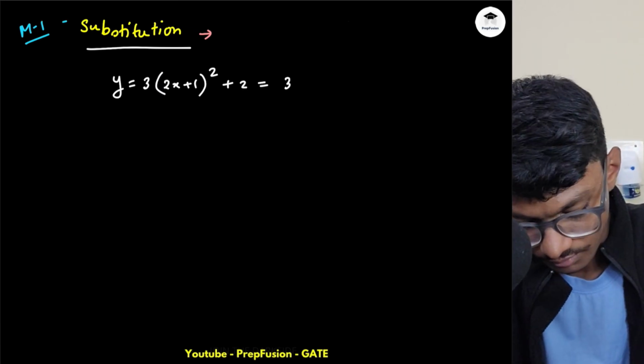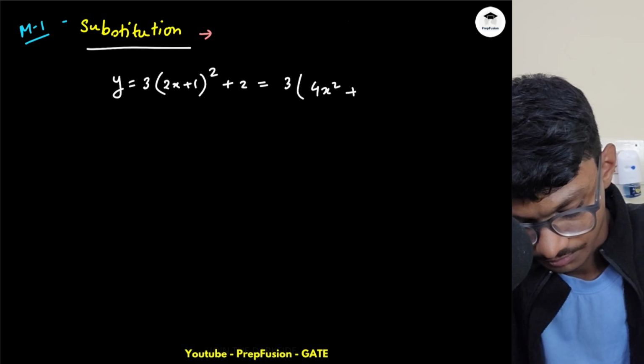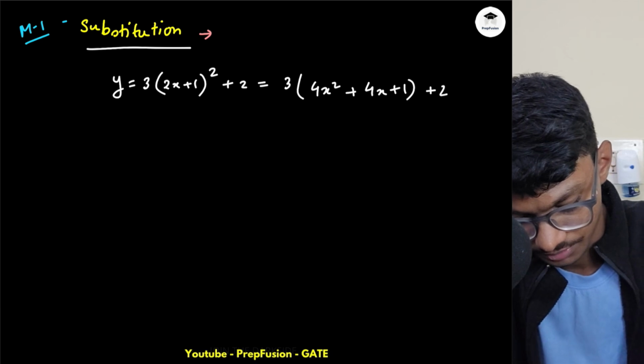Okay, 3 into 4x square plus 4x plus 1 plus 2.